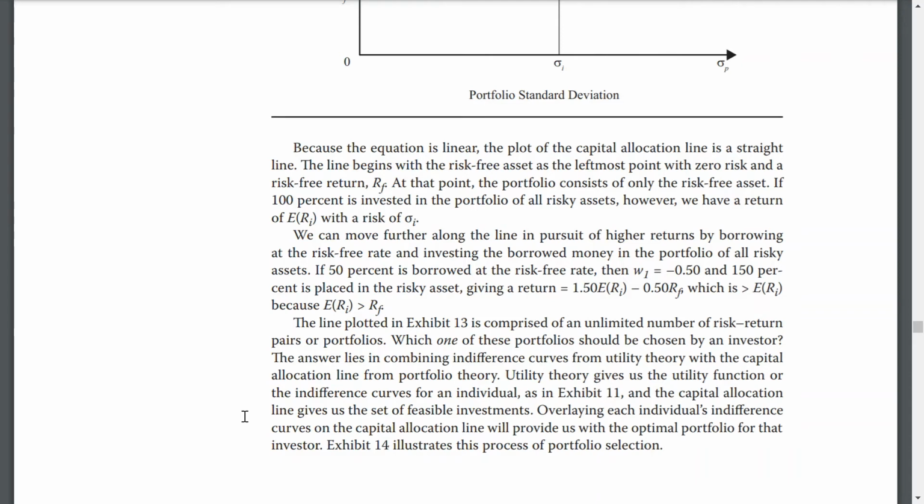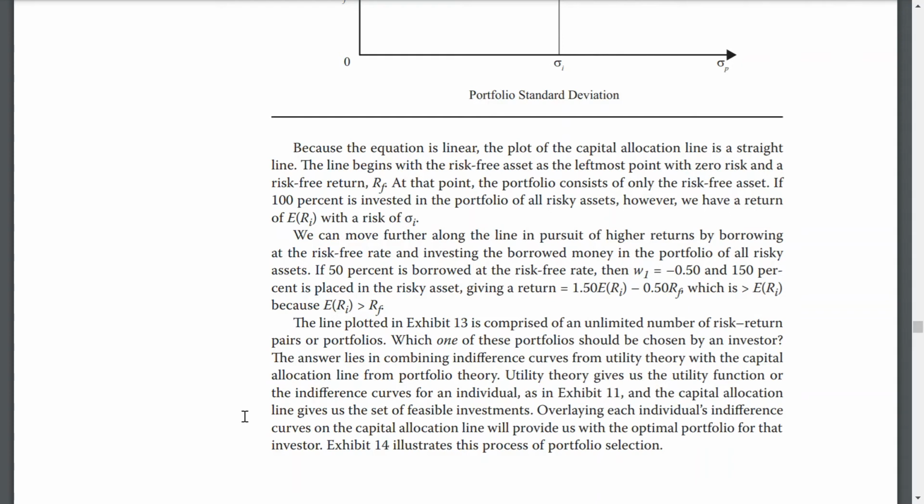The line plotted in Exhibit 13 is comprised of an unlimited number of risk-return pairs or portfolios. Which one of these portfolios should be chosen by an investor? The answer lies in a combination of indifference curves from utility theory.